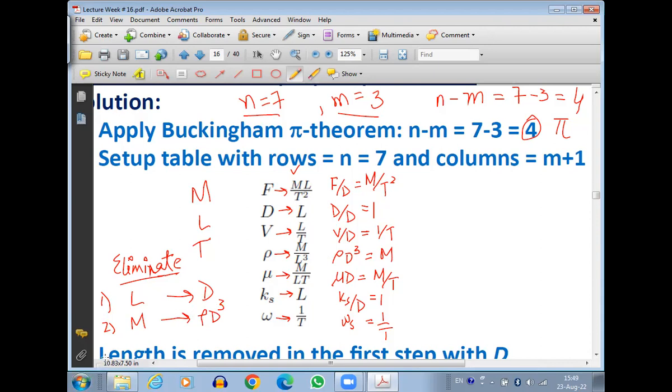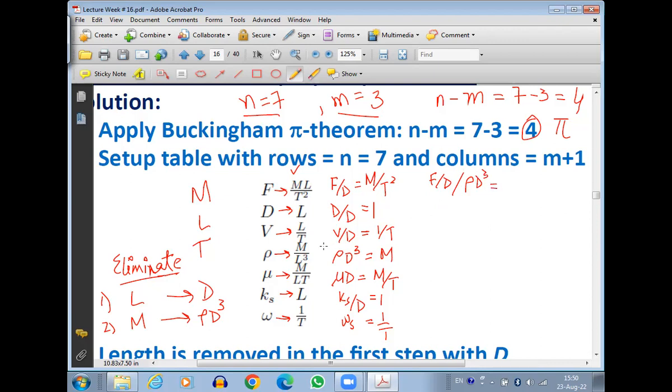So here F by D was M by T square. If I want to eliminate M, I have to divide by M, that means divide by rho D cube.